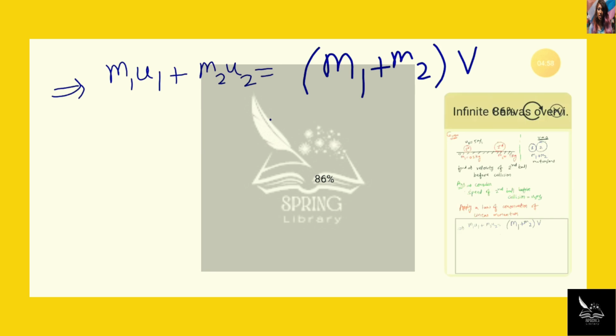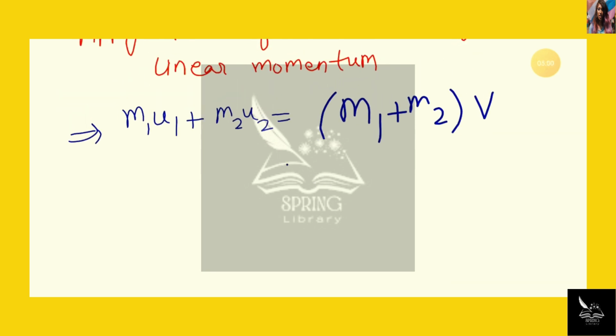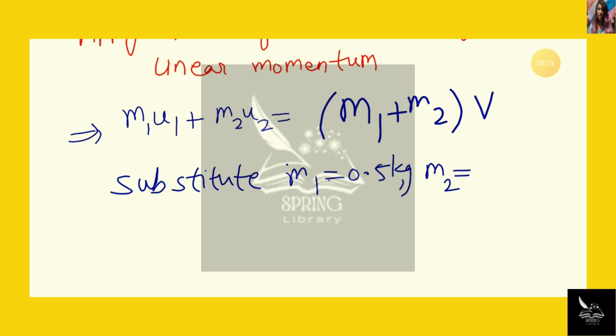Now the next step is to substitute the data given in the question. m1 is equal to 0.5 kg, m2 is 1 kg, u1 is equal to 5 meter per second, u2 we have to find out, and v is also given, equal to 0 meter per second.